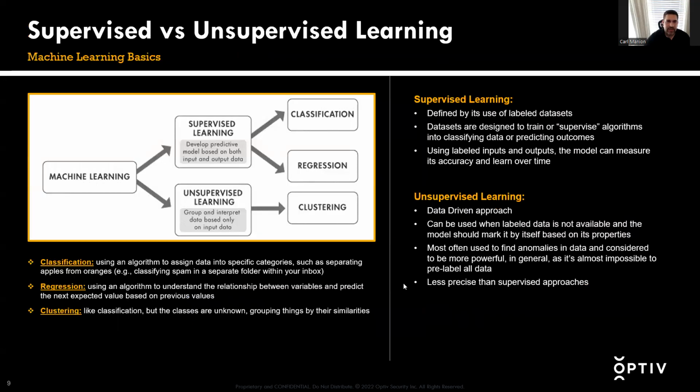And the way you do that is you typically incorporate the use of either supervised or unsupervised learning. The main difference here between supervised and unsupervised learning has to do with labeled data sets. So with supervised learning, you have data sets that are labeled. With unsupervised, they're not.